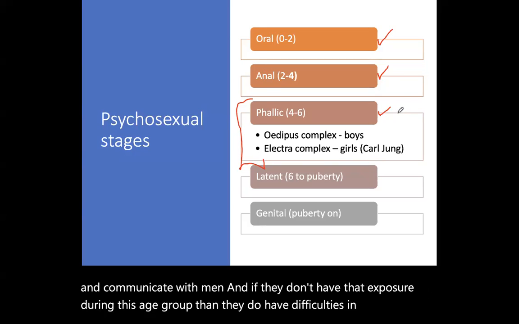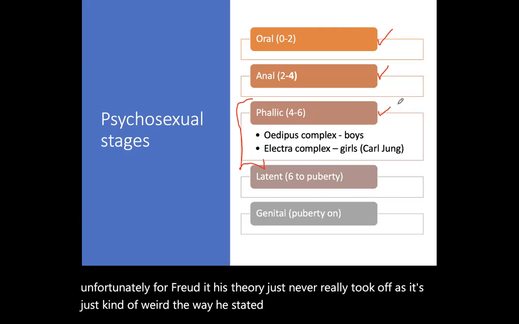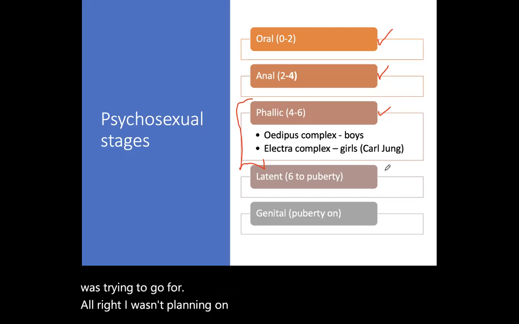Okay. Unfortunately, for Freud, his theory just never really took off, as it's just kind of weird the way he stated it. But we see hopefully where he was trying to go. All right, I wasn't planning on spending this much time on this dude, but we'll finish these other two.